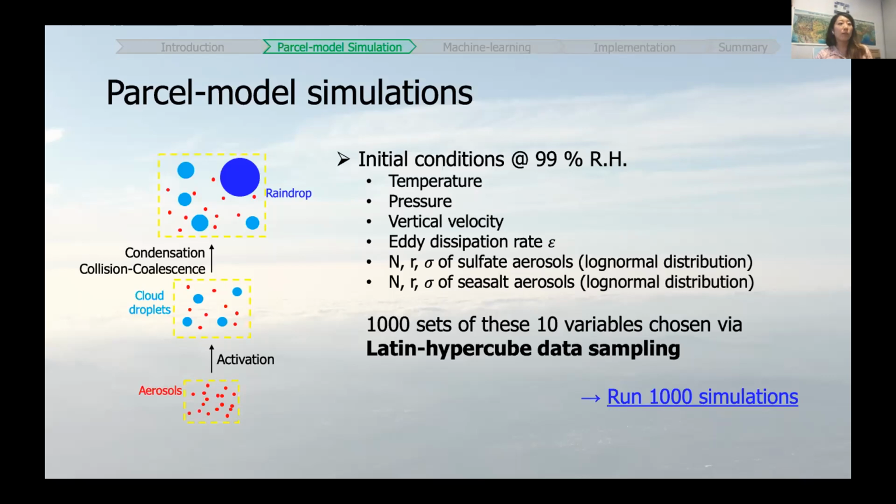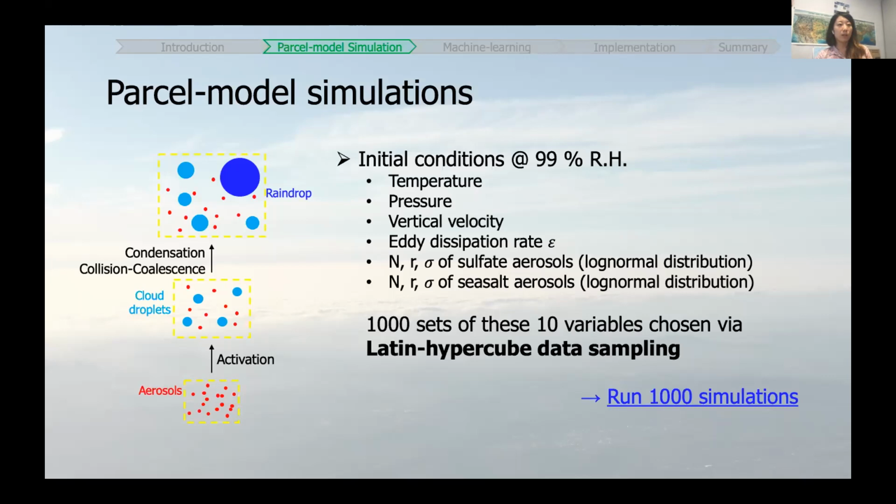Those 10 variables are temperature, pressure, vertical velocity, which is constant, and eddy dissipation rate epsilon, which is a representation of the turbulent nature of the parcel. So the higher it is, the more turbulent inside it is. And also size distributions of 2 different aerosol types. One is sulfate and the other is sea salt.